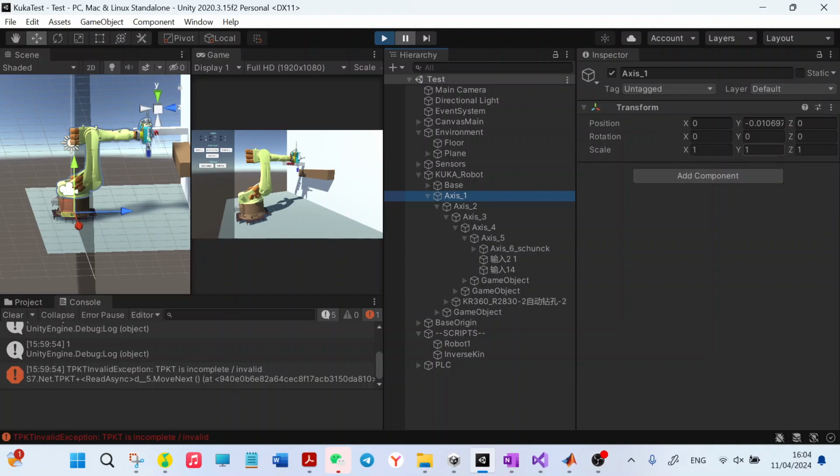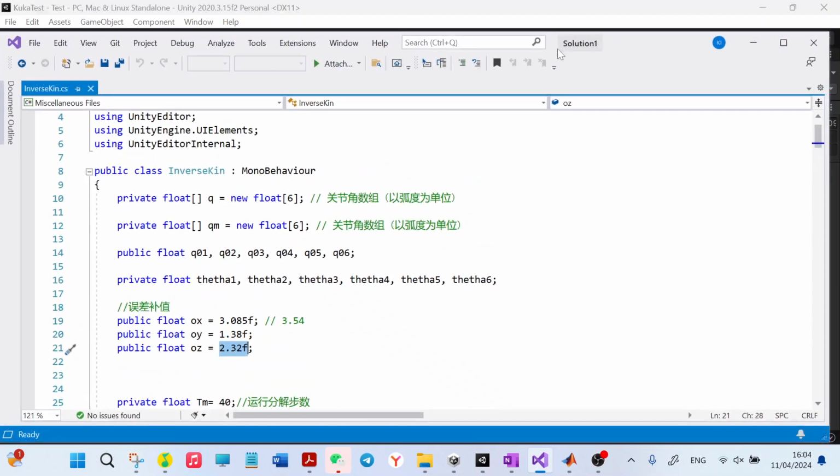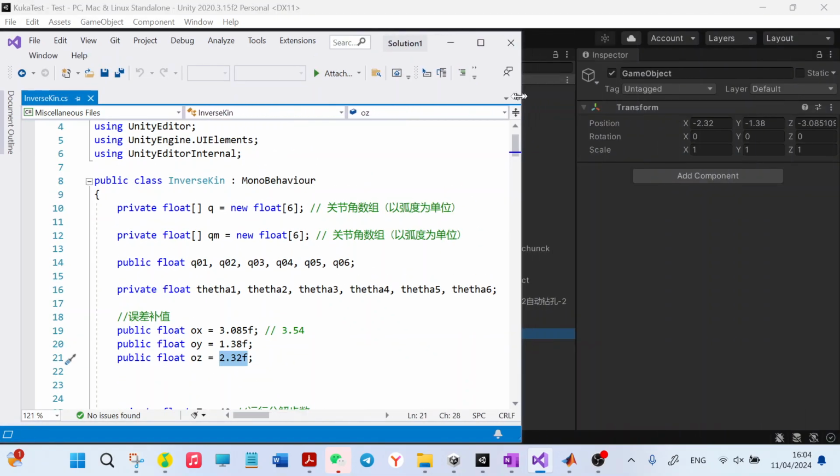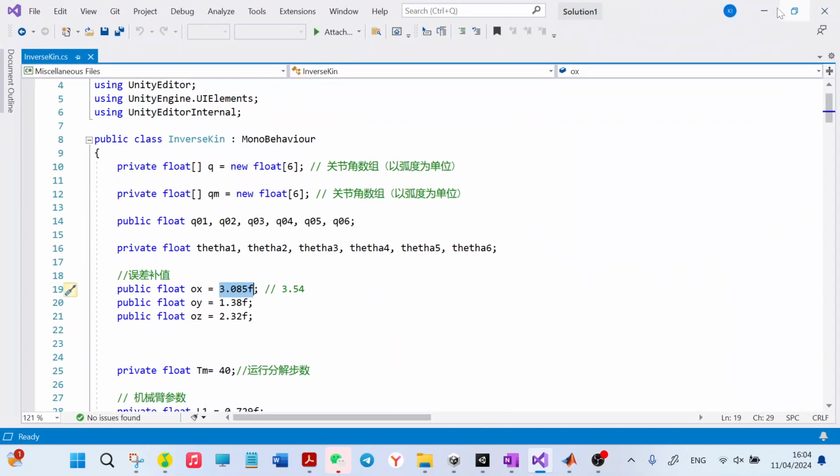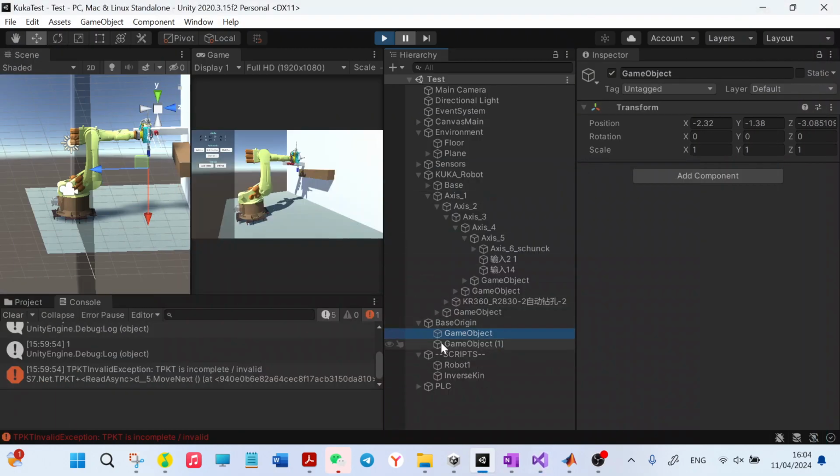Scale parameters should be 1 for correct points and similar angles. Here I have the tested point, 2, 3, 2, 1, 3, 8, and 3, 0, 8, 5. So it's this point, and we calculate the kinematics based on it.